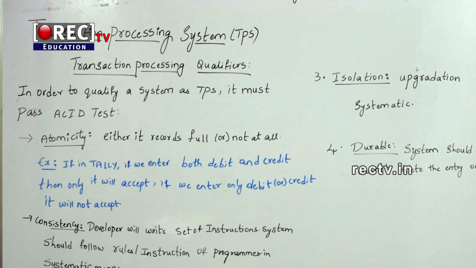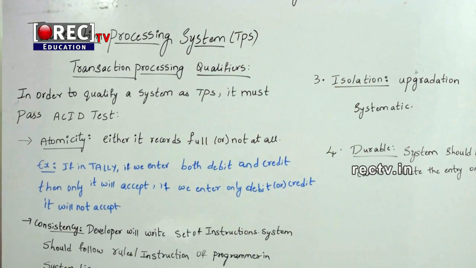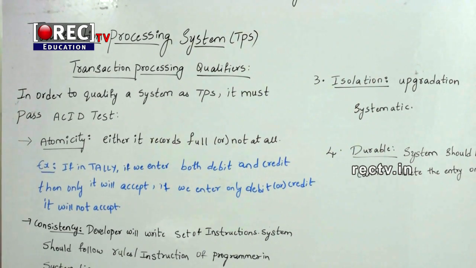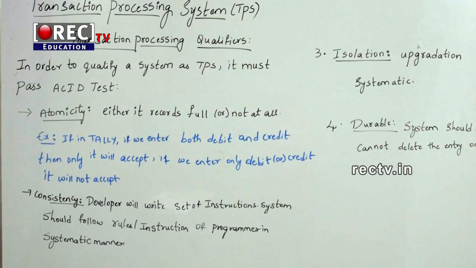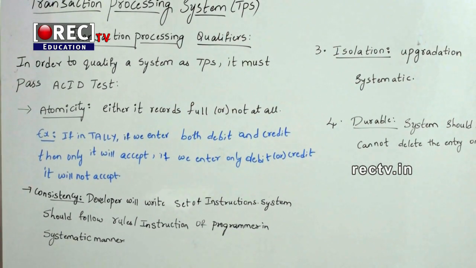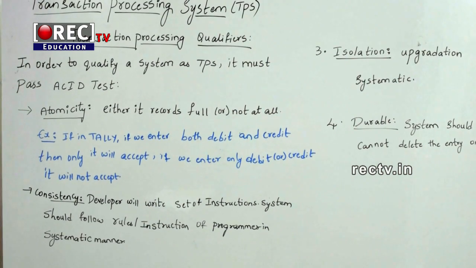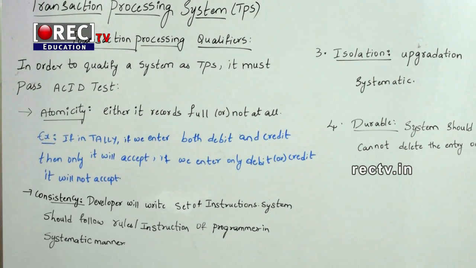Atomicity. The system should be such that either it records full data or not at all. For example, in Tally, if we enter both debit and credit, then only it will accept. If we enter only the debit or credit, it will not accept. Here we can take Tally as a TPS system.